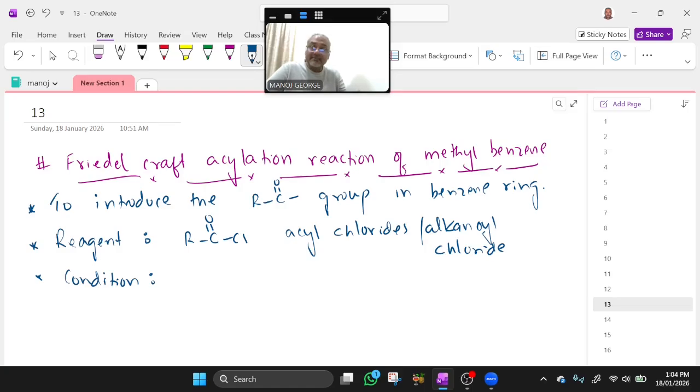The catalyst and the condition. Anyone? I'm sure you know. AlCl3 plus heat. Alkylation and acylation both require heat. AlCl3, same catalyst used for both. Okay, so let's do a reaction and then we will do the mechanism. Almost getting done. So let me know if I can go to my next page.